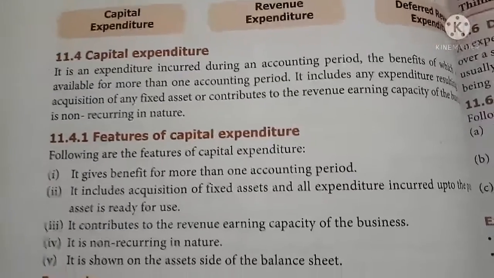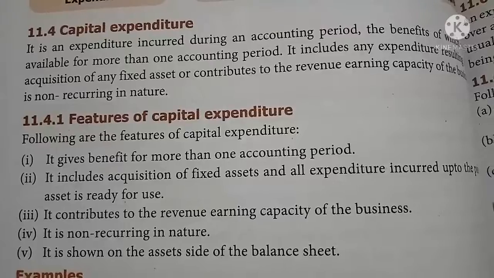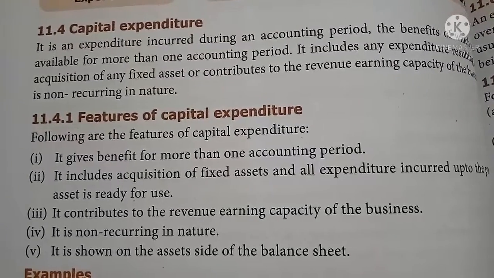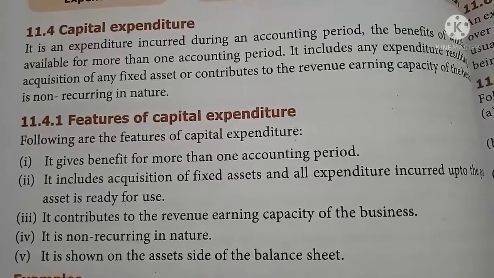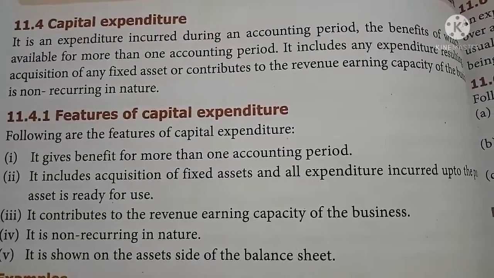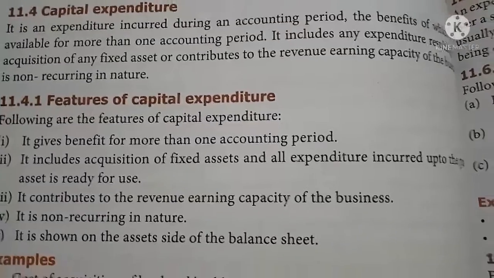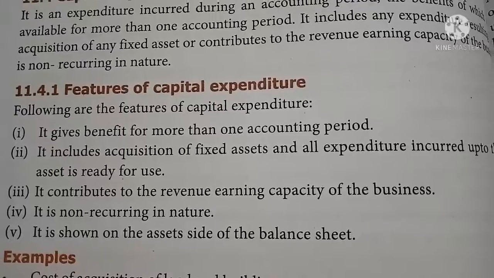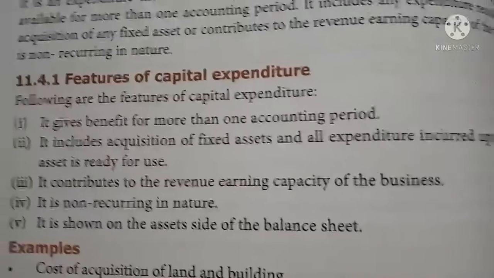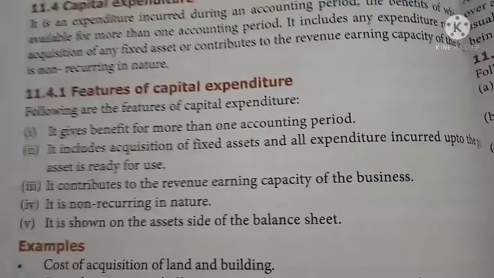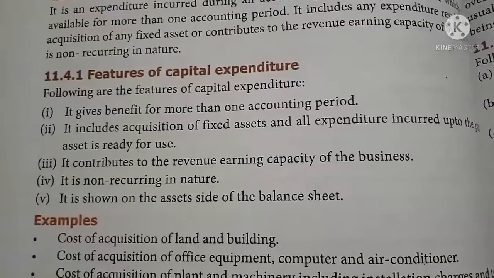Features of capital expenditure: it gives benefit for more than one accounting period, and it includes acquisition of fixed assets and all expenditure incurred up to the point the asset is ready for use. It contributes to the revenue earning capacity of the business. That is, if we spend an amount, it will help to increase the earning capacity of the business.